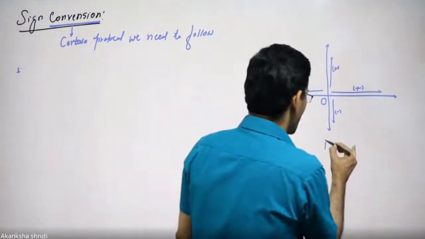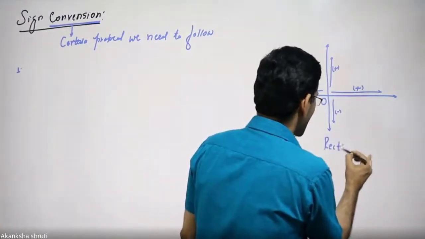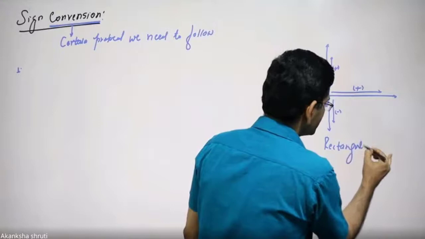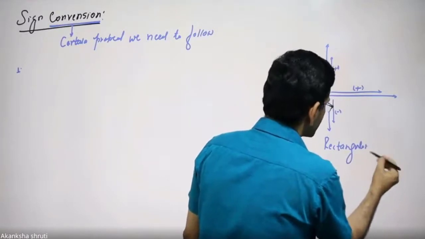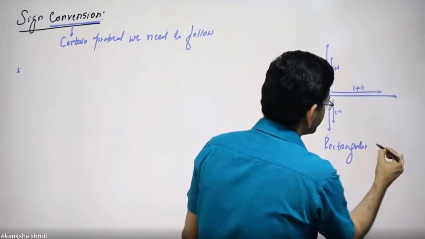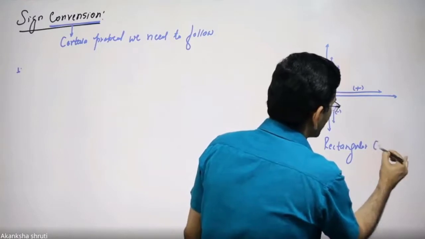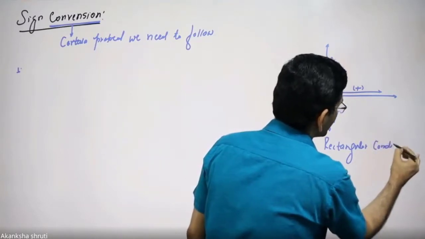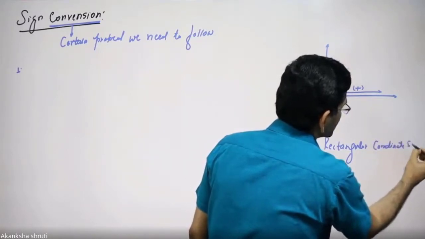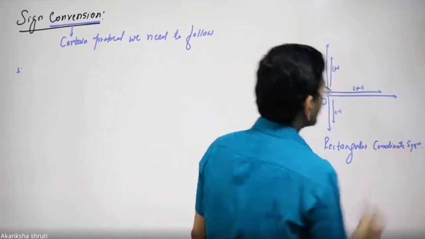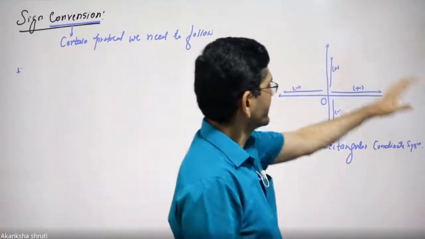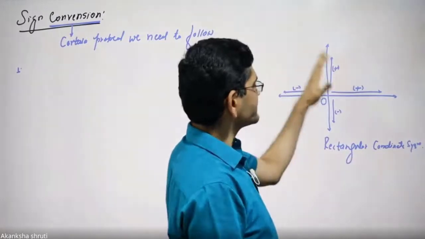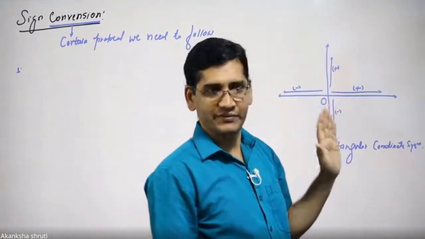This is called the rectangular coordinate system. Okay students, whatever sign is taken in our mathematics, the same is adopted in physics.